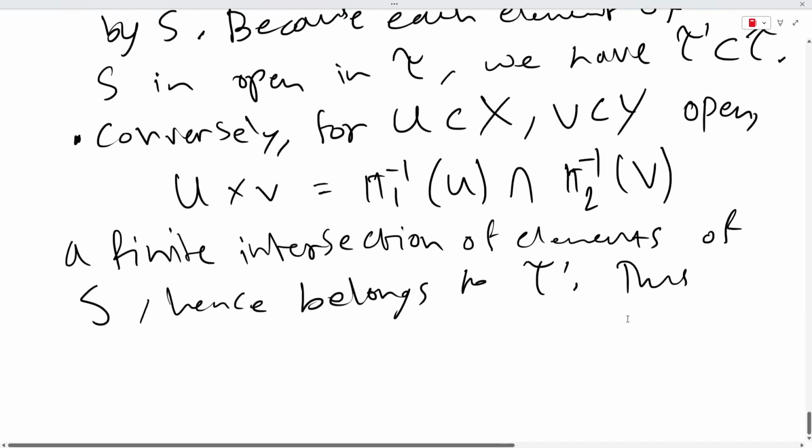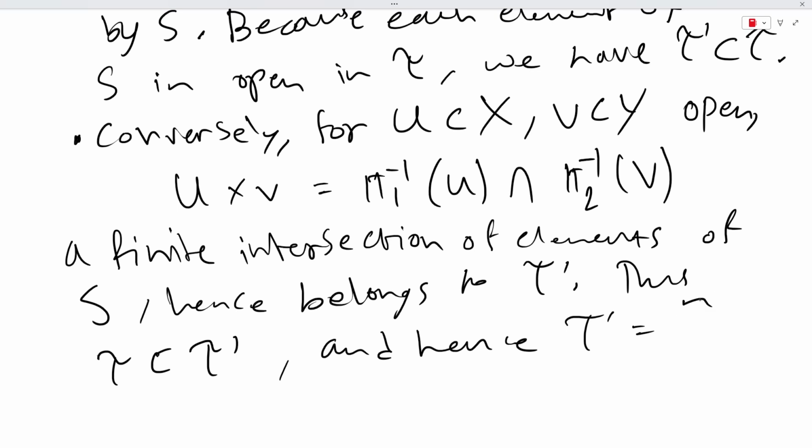Thus tau is also contained in tau prime, and hence tau prime is equal to tau, and we are done.